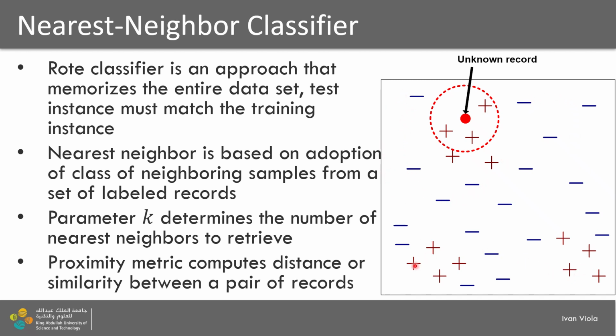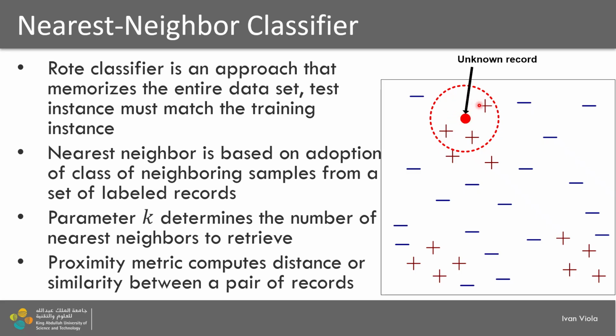Here we have a two-dimensional space of two attributes, where we have some records categorized as plus and some categorized as minus, positive and negative. Now we have our unknown record, with one attribute having this value and another attribute having this value, and the question is, is it positive or negative?